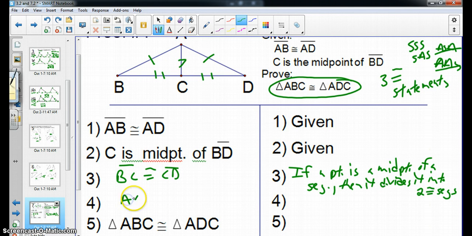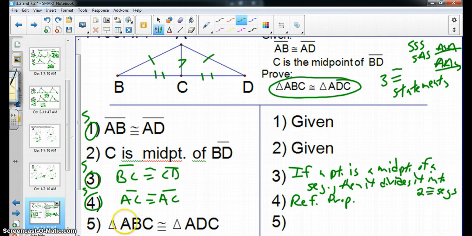Therefore, AC is congruent to itself by the reflexive property. And here are our three congruent sides, side, side, side. So we can prove triangle ABC is congruent to triangle ADC by side, side, side, and then listing the three steps of those congruent statements, 1, 3, and 4.